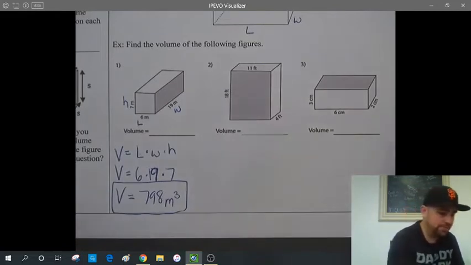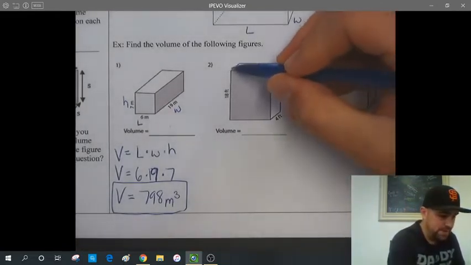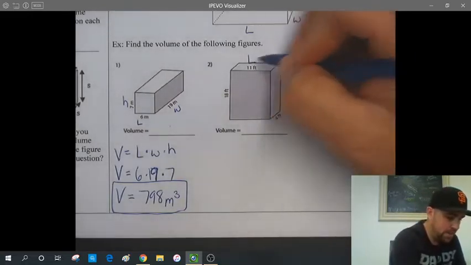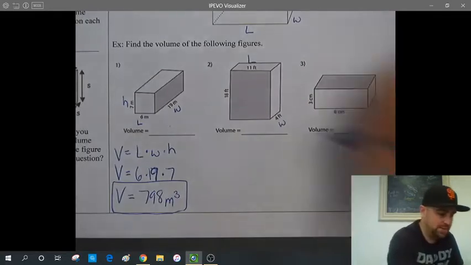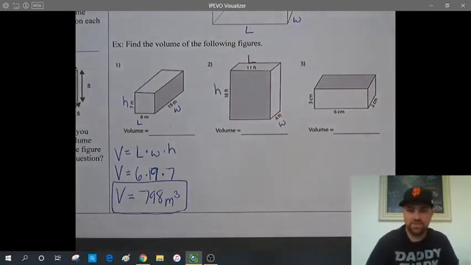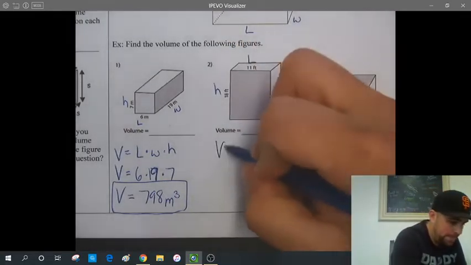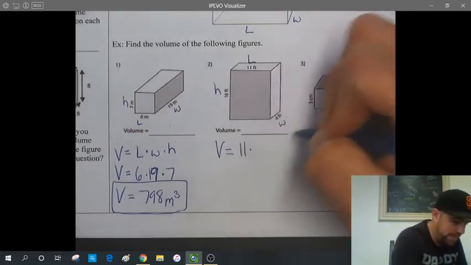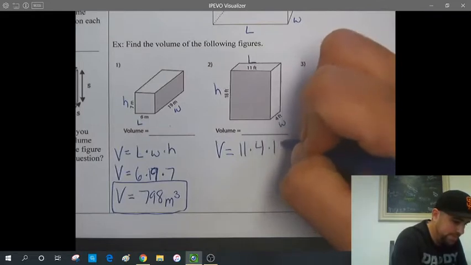Okay, for number 2, this time I'm given a length up at the top as 11 feet, a width of 4 feet, and a height of 18 feet. Multiply those three numbers together. 11 times 4 times 18.